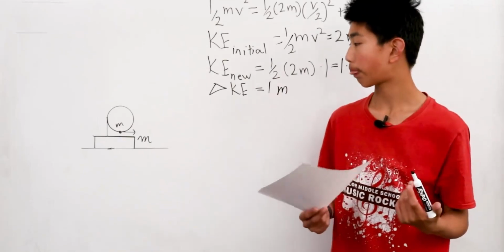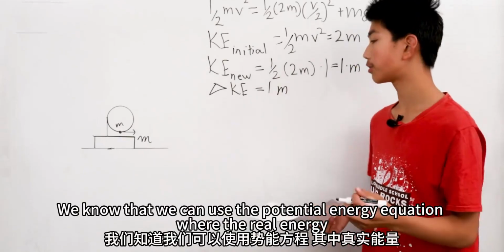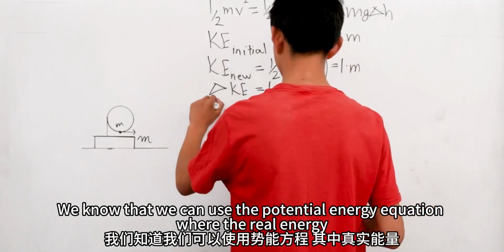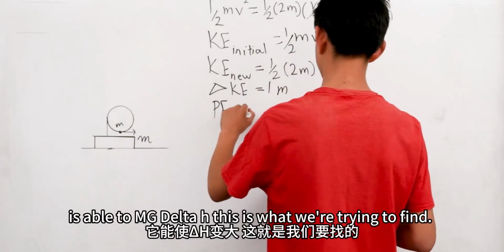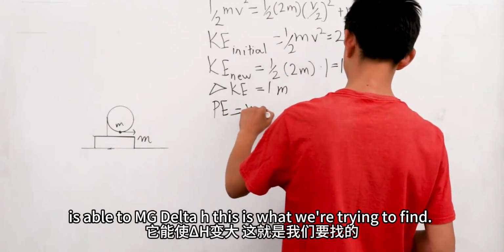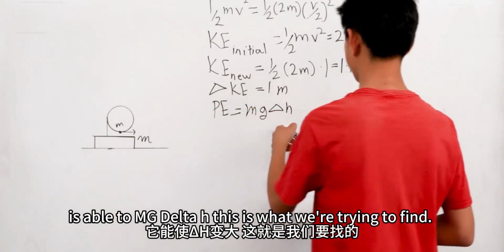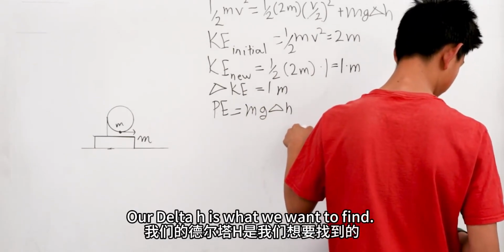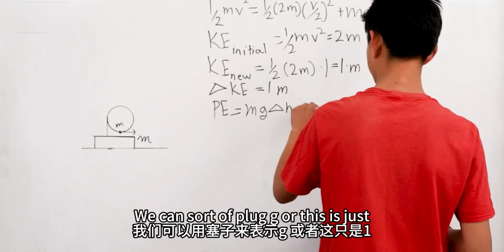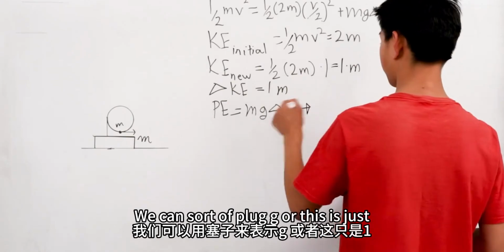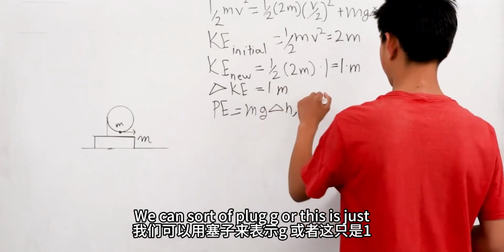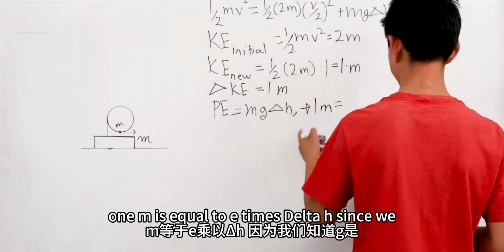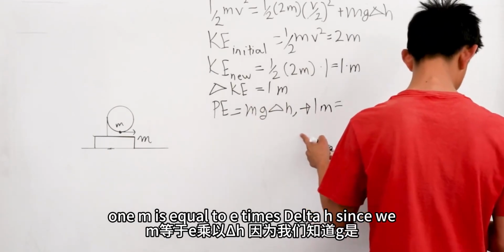So we have that. Now we can use the potential energy equation, where potential energy is equal to mg delta h. Our delta h is what we're trying to find. So 1m is equal to m times g times delta h.